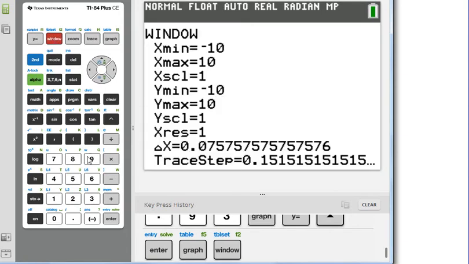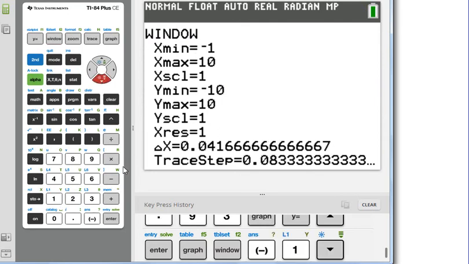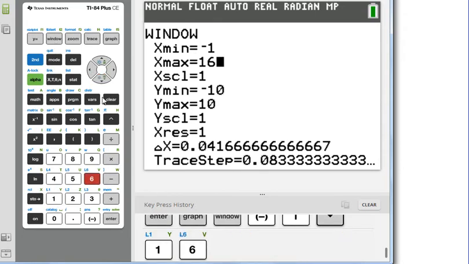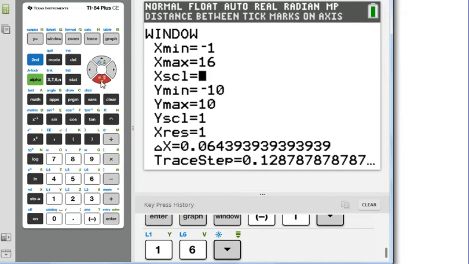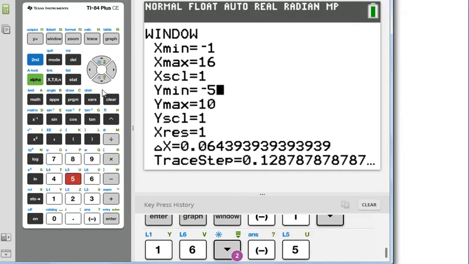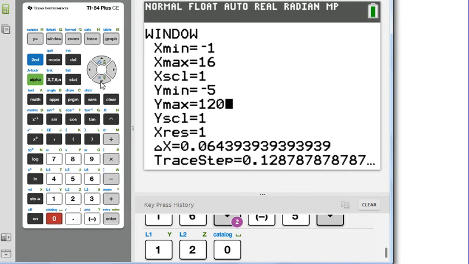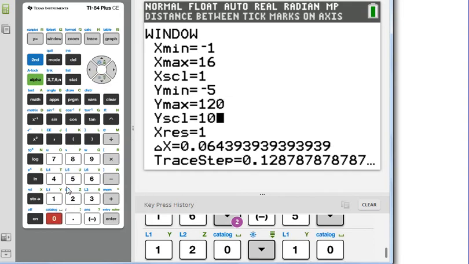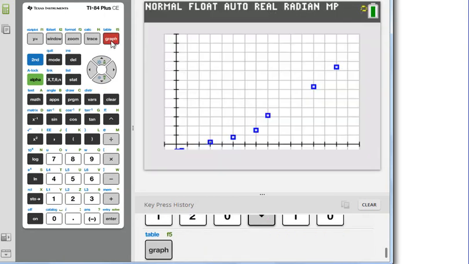I'm going to put x min of -1 to x max of well, we have data to 14, but we need to get to 15, so I'm going to put 16. For y minimum, I'm going to put -5, and y maximum 120, with y scale by 10. And here we should see better. Yeah, that looks better right here.